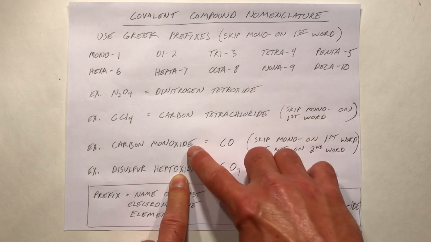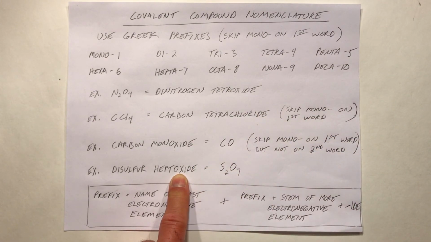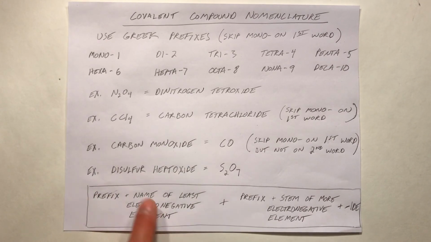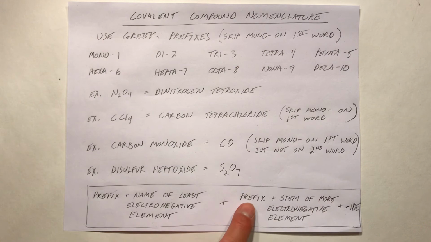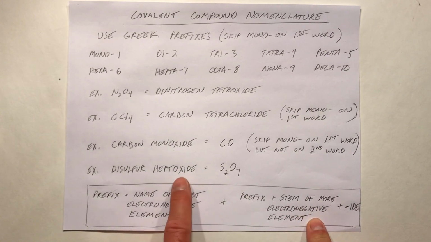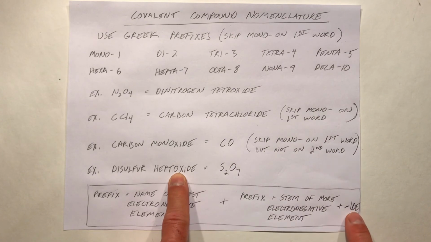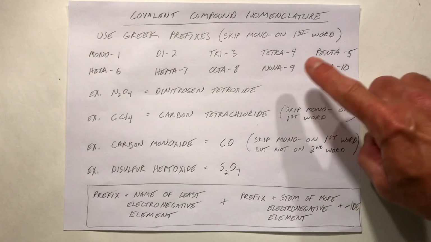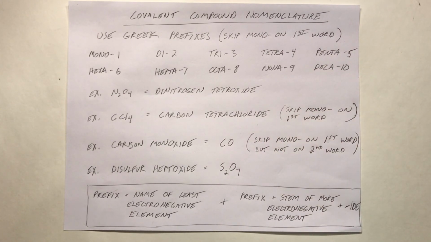Ide, ide, ide. So we have prefix di, name of the least electronegative element, sulfur, prefix hept, the stem of the more electronegative element, ox, and the suffix ide. Now that's a pattern I would suggest you not try to memorize. I think instead, just by doing some practice, you can pick this up.